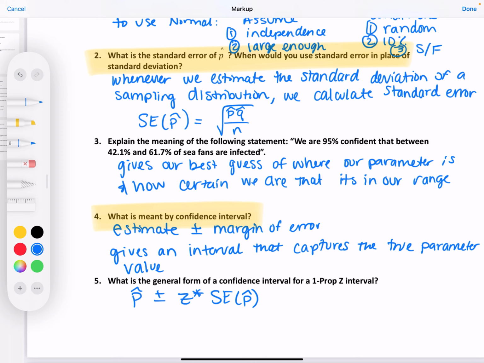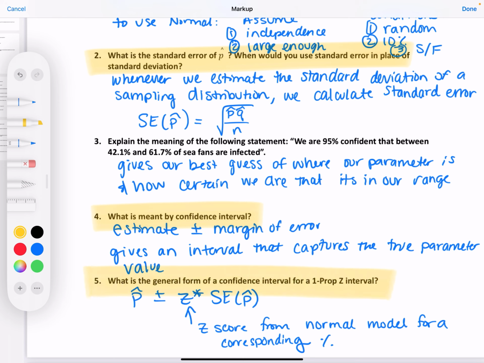And z star is the z-score from the normal model for a corresponding percent. So you'll need to know this formula as well.